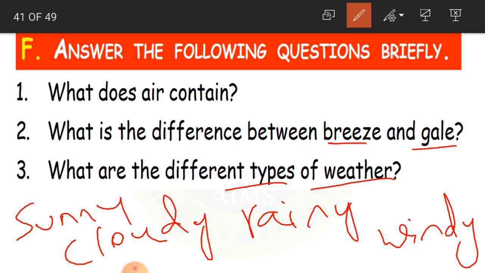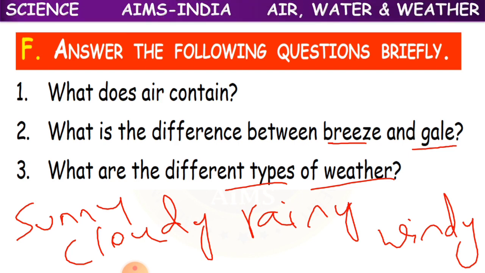If it is sunny, you will have bright sunshine. Cloudy, the sky will be covered with clouds. Rainy, you will have rain. Windy, you have air, and in that air also there are different types like breeze, gale and storm. So these are different types of weather, children.